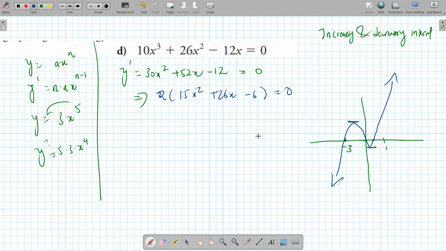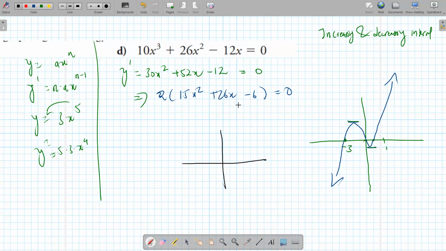18, 5, yeah. How do we find the x-intercepts of a quadratic when we can't factor it? Do you remember? Yeah, let's first see if this one even has x-intercepts, and it does.